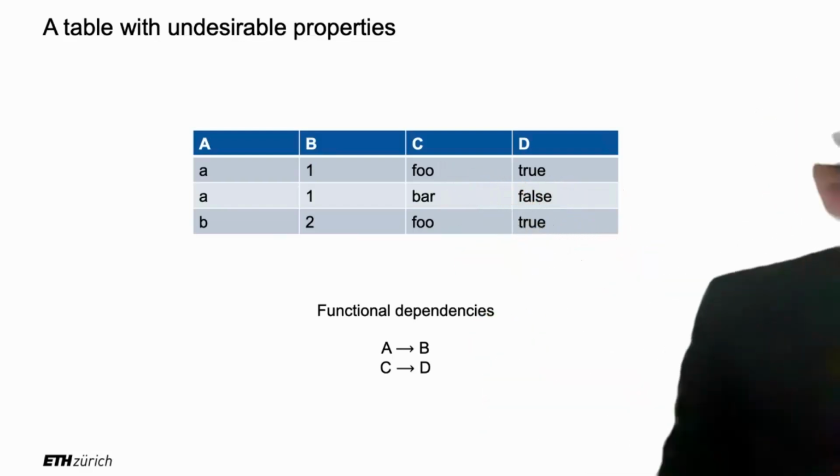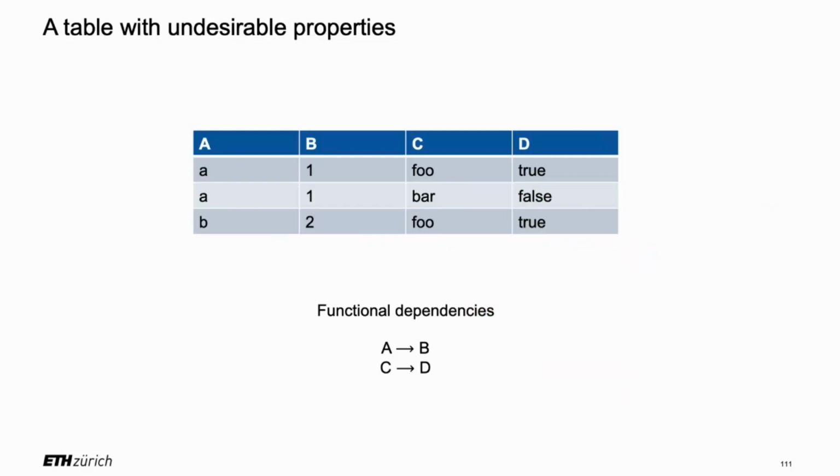For this table, okay, so I have A gives me B and B gives me C. Could you tell me what the transitive closure of AC is? Maybe you can directly say, yeah, ABCD, exactly, right? For this, I need to use all kinds of axioms and rules in order to derive this.